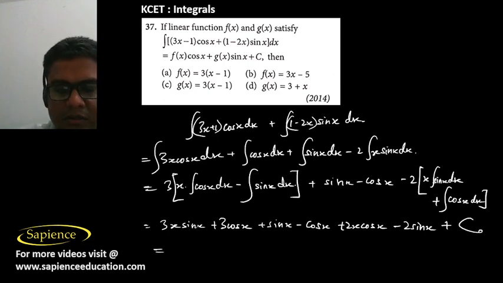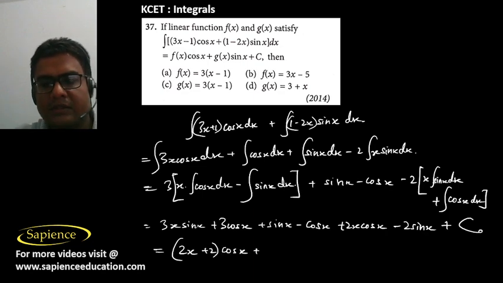So for cos x, that is 2x plus 3 minus 1, that is 2x plus 2 into cos x, and plus sin x into 3x minus 1.